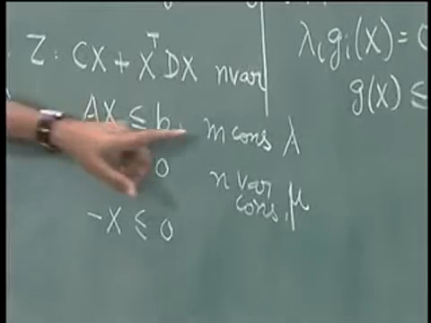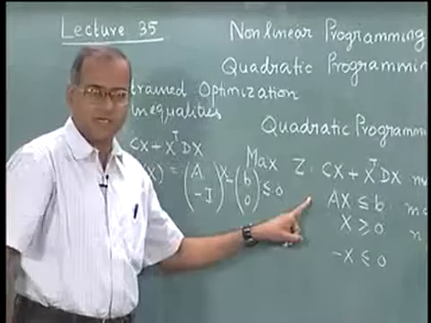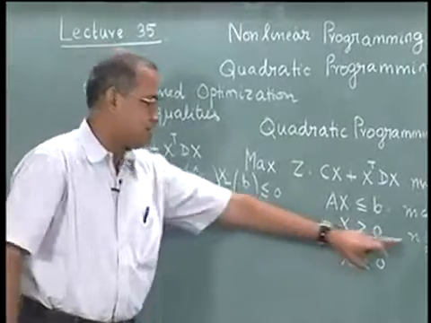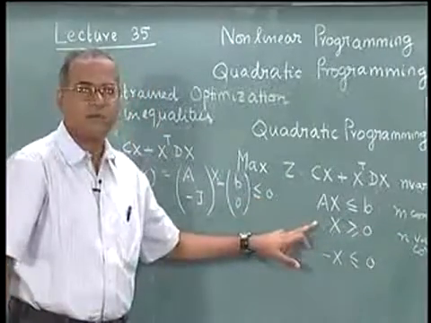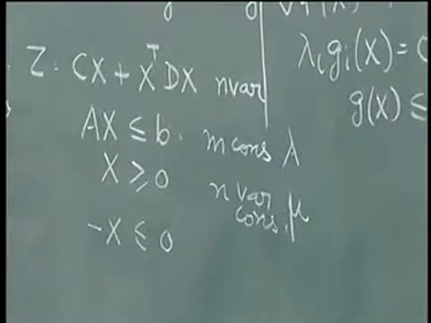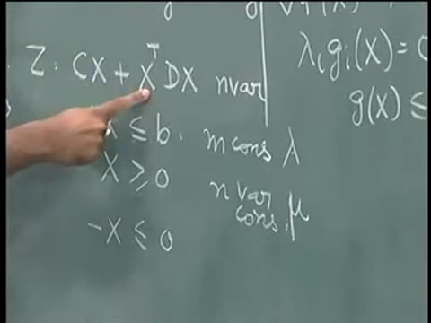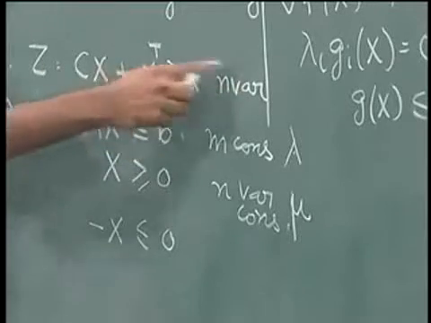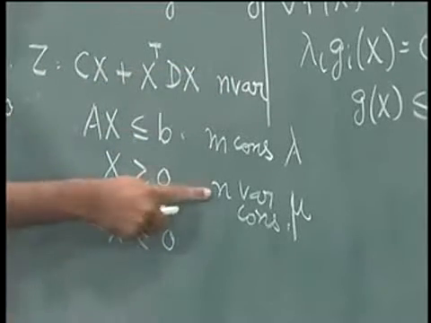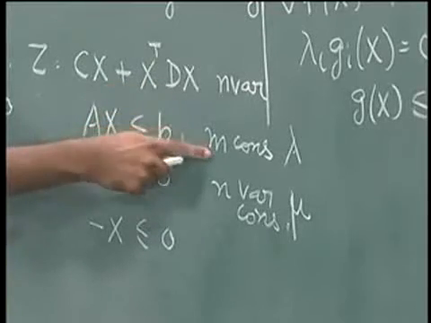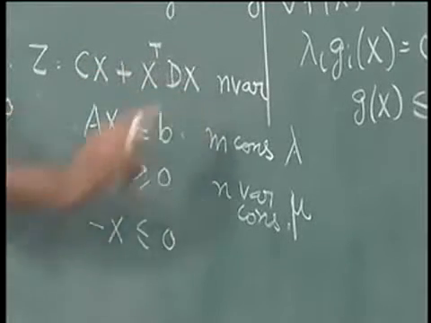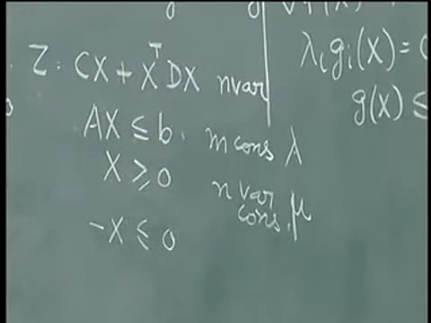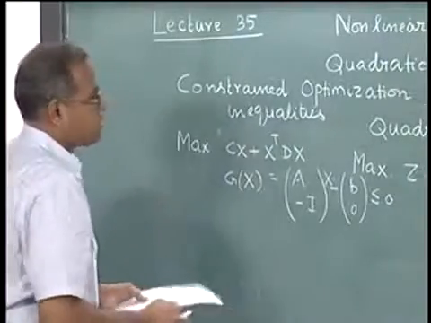There are as many lambdas as the number of constraints, and as many mus as the number of variables. So we have x1 to xn, mu1 to mu n, lambda 1 to lambda m. This is what we introduce here, and then we write the Kuhn-Tucker conditions.